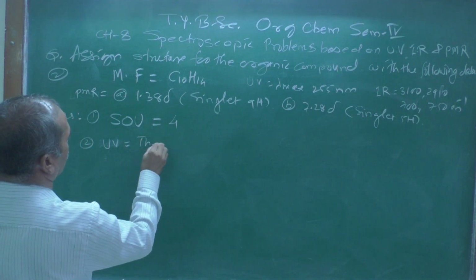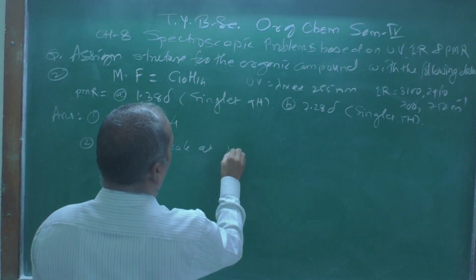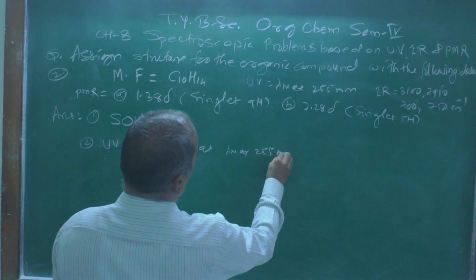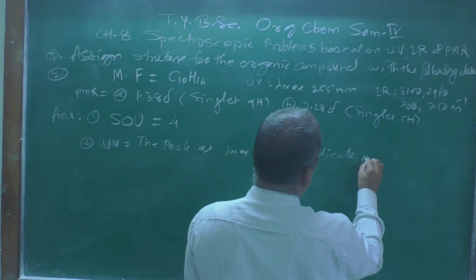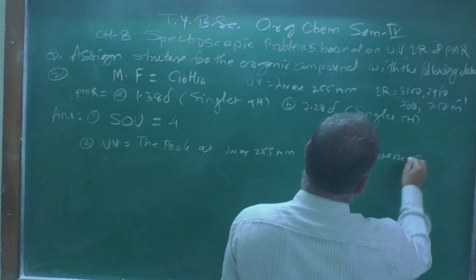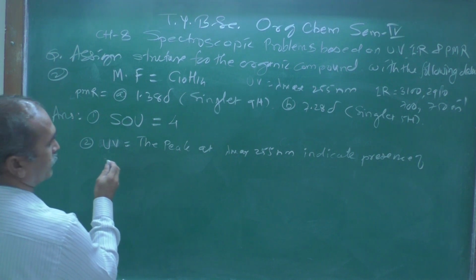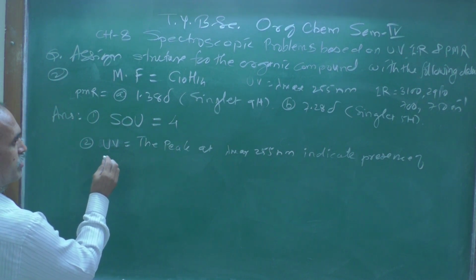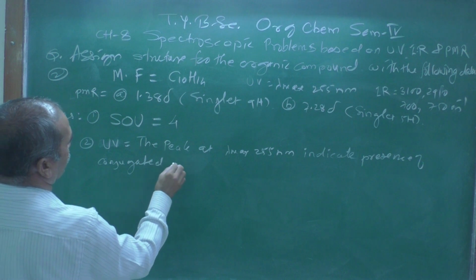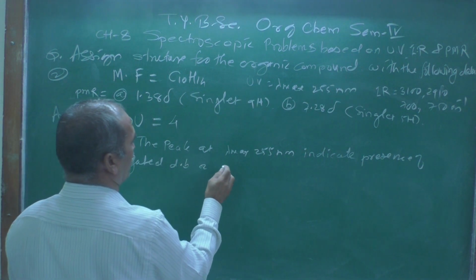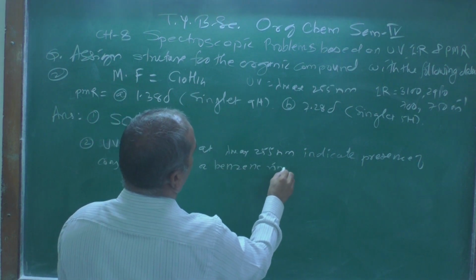The peak at lambda max 255 nanometer indicates the presence of a benzene ring or the presence of a conjugated double bond or benzene ring.